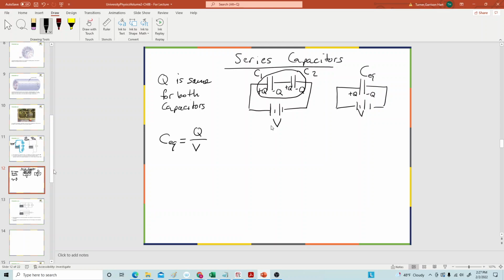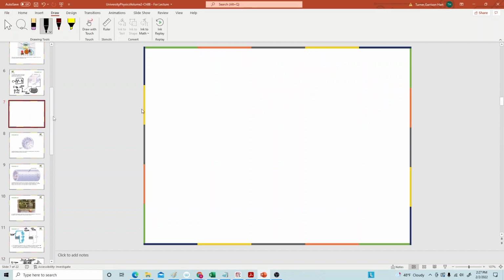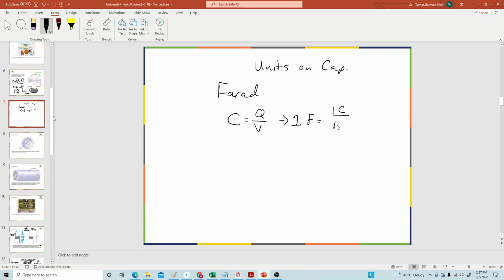Now, there's one more thing I should mention before finishing that example, and that is the units on capacitance. The units of a capacitor are called the farad. Since C is equal to Q over V, 1 farad is equal to 1 Coulomb of charge per 1 volt.